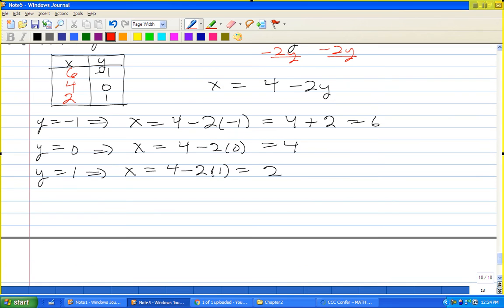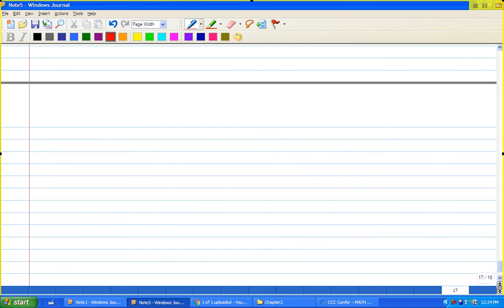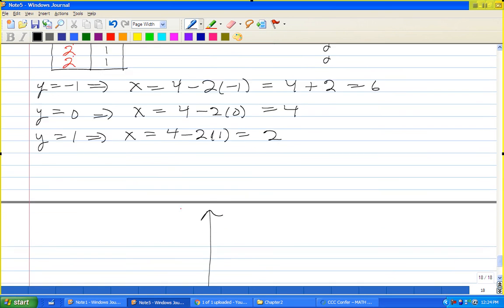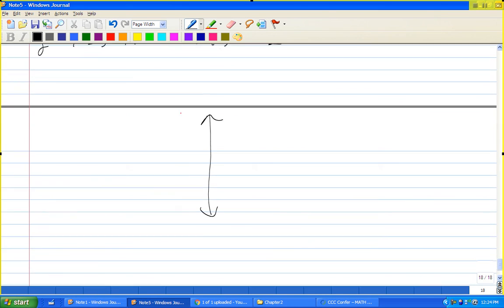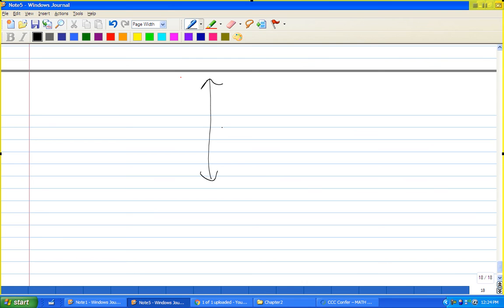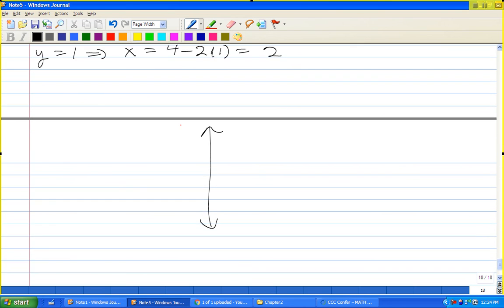Okay, let's sketch the graph of this. I go all the way to 6. And 1 and negative 1.